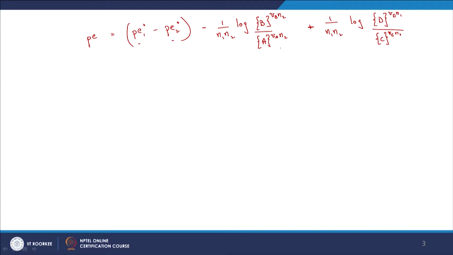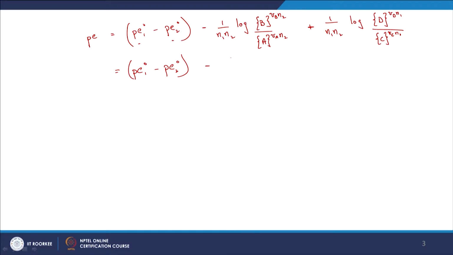So, now let us say I want to simplify it further. Here again we request you not to just transform this because it is going to be erroneous. Let us just try to understand this particular set as the difference in the standard reduction potentials of these half reactions.